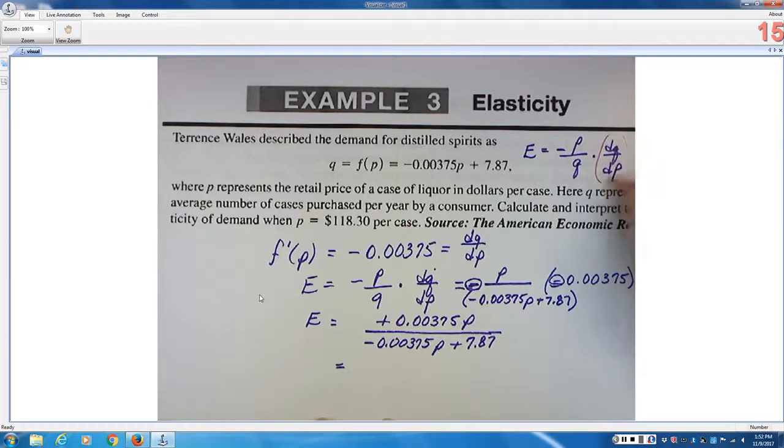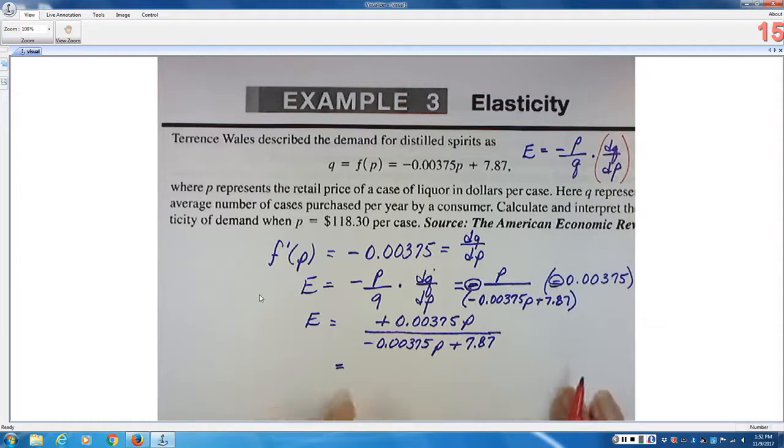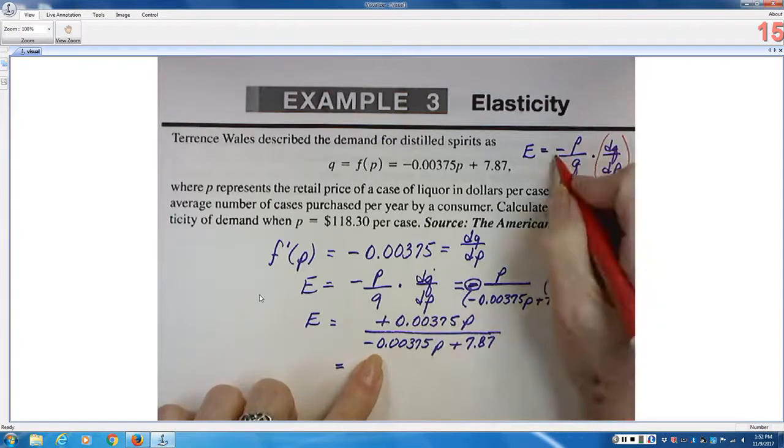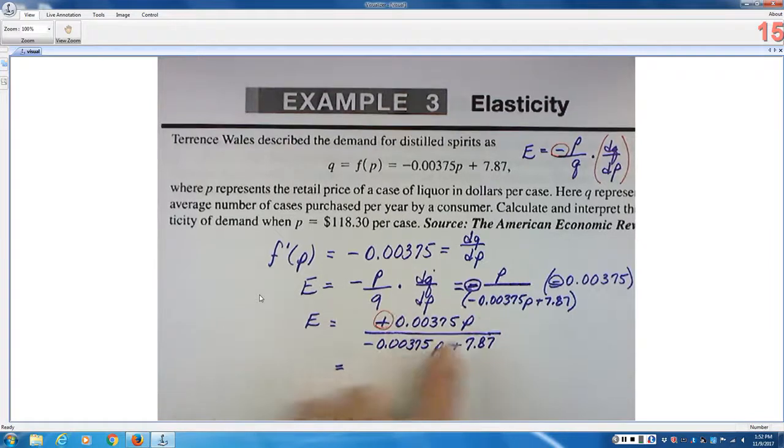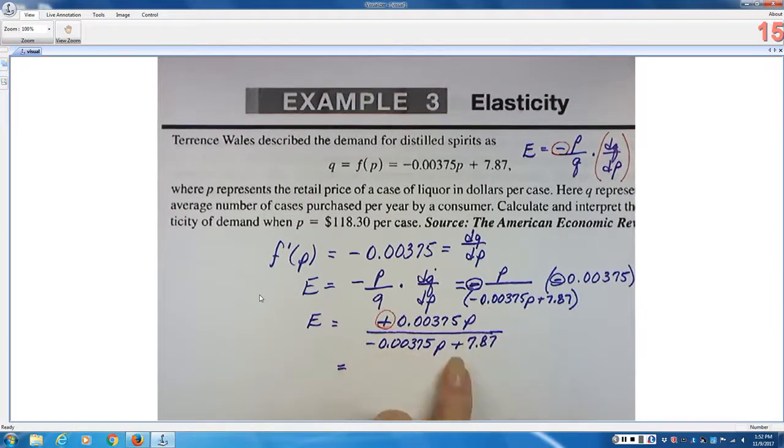So that's negative. And because this whole thing is negative, the negative cancels out and the whole numerator becomes positive. But the function in the bottom has a negative leading coefficient. So what we're going to do is plug in a price of 118.30.